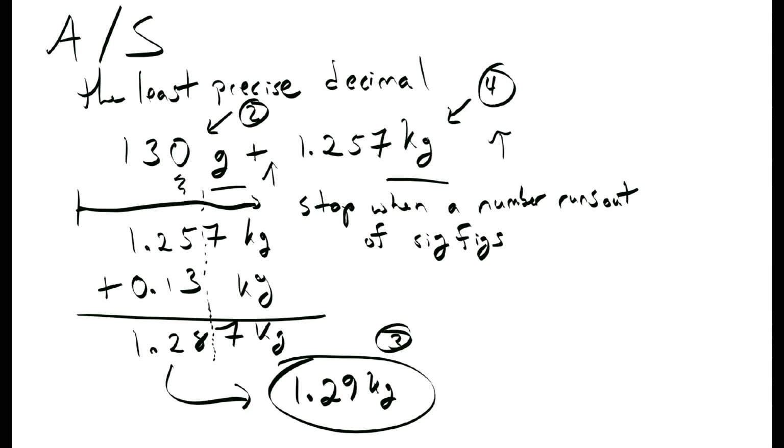And why does it work like this? It's because if you have a really precise measurement and a less precise measurement, the lack of precision is going to wipe out the precision of the greater precision. Okay, so imagine, you very, very carefully measure the length of your car.